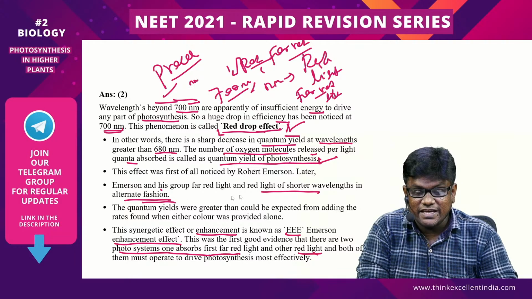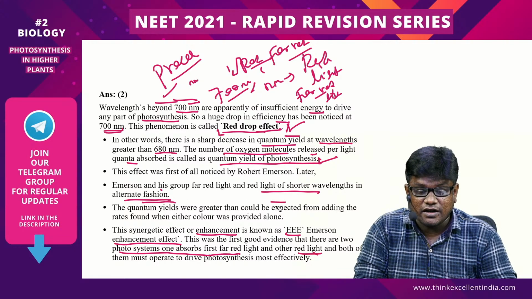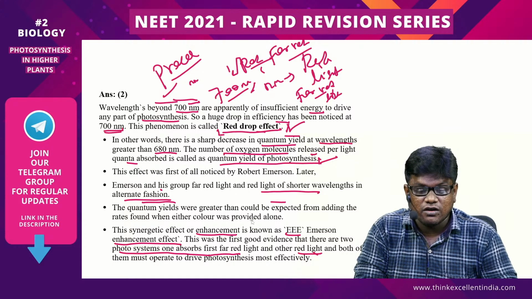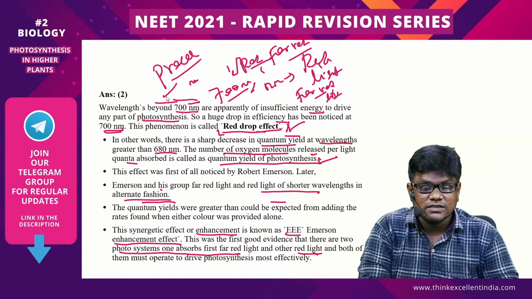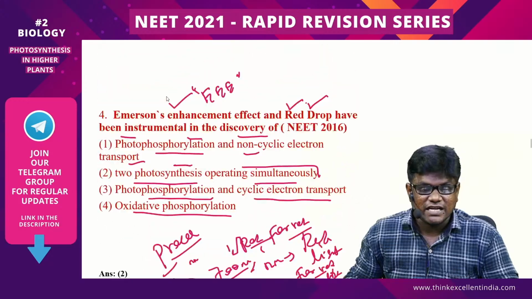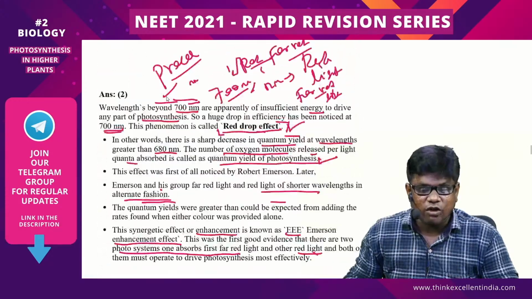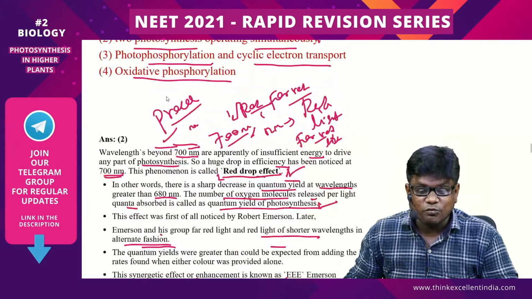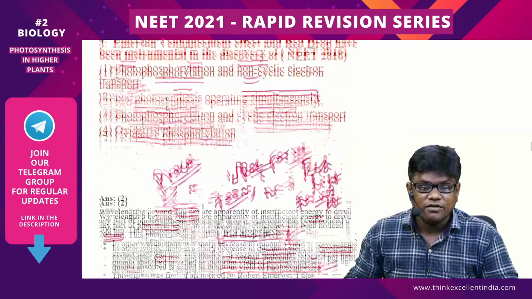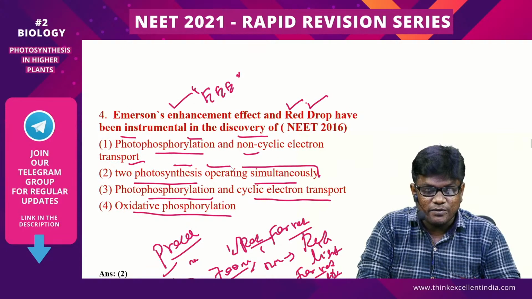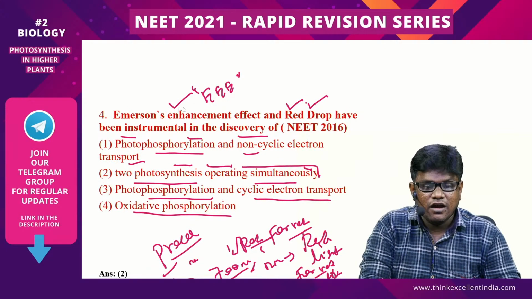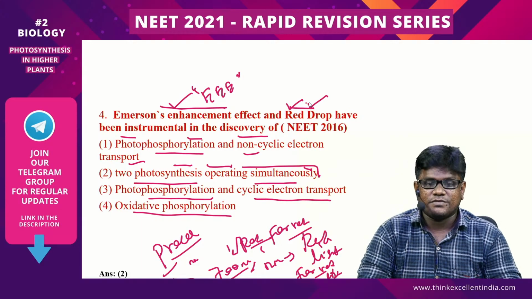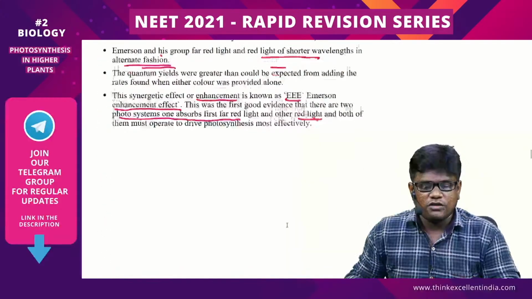They are actually at the expected rate, that is not a problem, but the efficiency of two different types of functions takes over in one process. You can see the red drop effect as well as the triple E, that's called the Emerson enhancement effect. So these two processes will give you a clear view of two photosynthetic processes operating simultaneously, the enhancement effect and the red drop information. Is it clear? Now we'll move on to the next one.